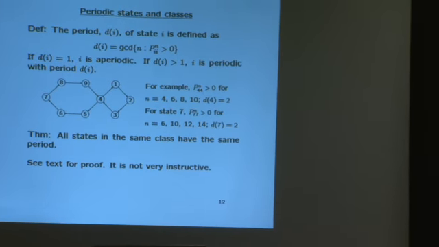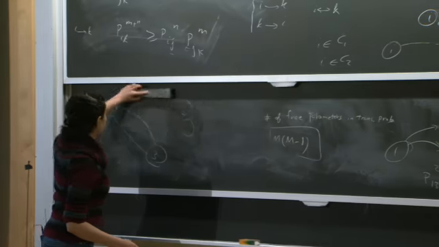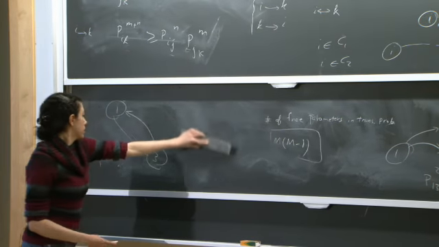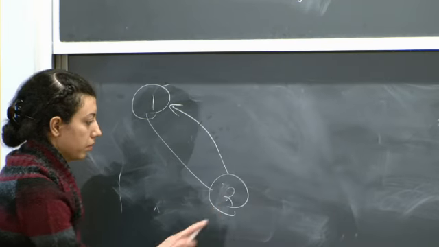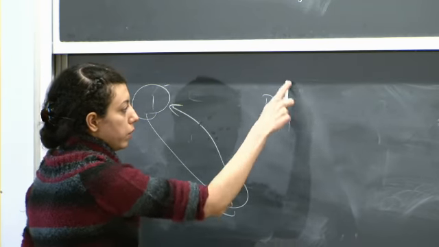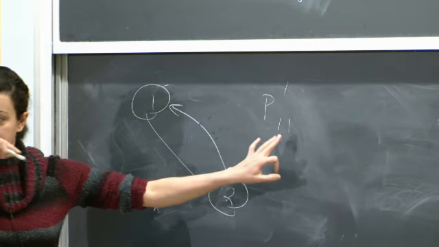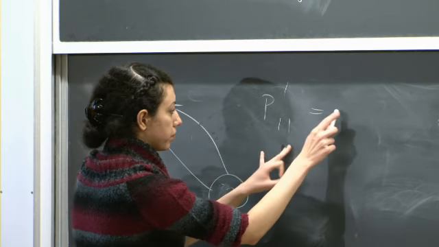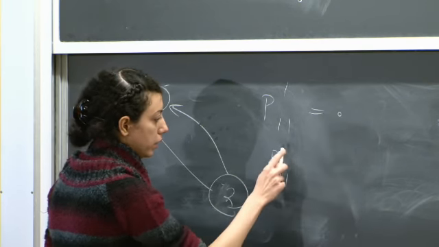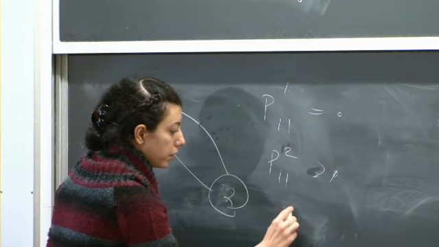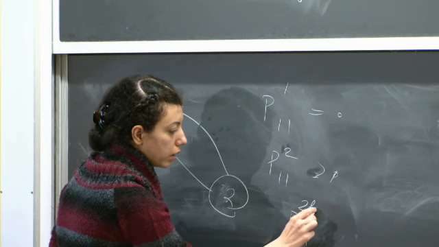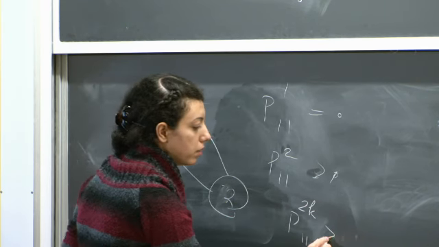So the very, very simple example of this thing is this Markov chain. Probability of 1 to 1 in one step is 0. Probability of 1 to 1 in two steps is positive. And actually, probability of 1 to 1 for all even numbers of steps is positive.